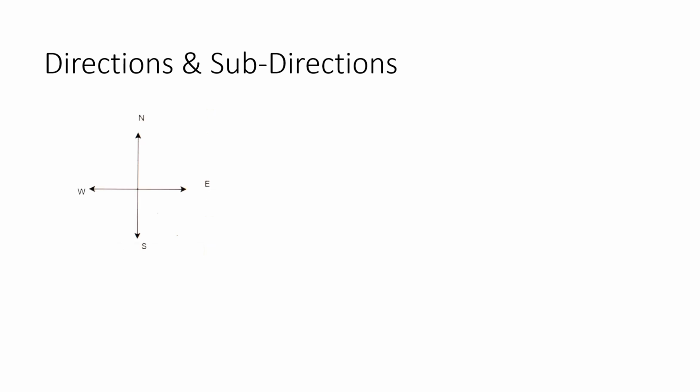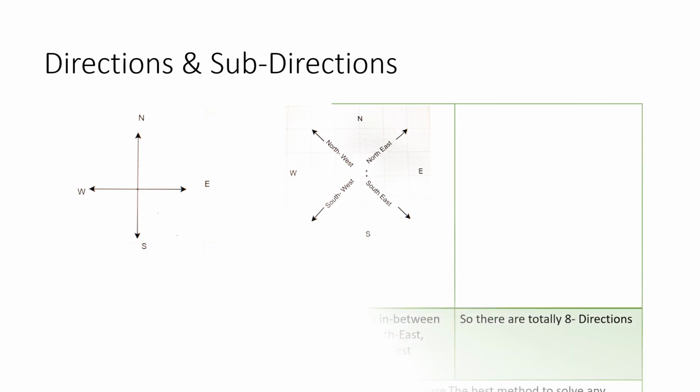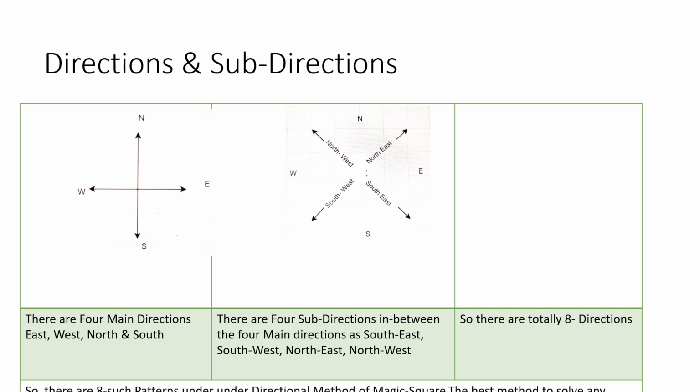Apart from that, there are four more sub-directions which lie in between the main directions. That's southeast, southwest, northeast and northwest. So let's get the 8 patterns of a magic square by traveling through these main directions to its sub-directions.